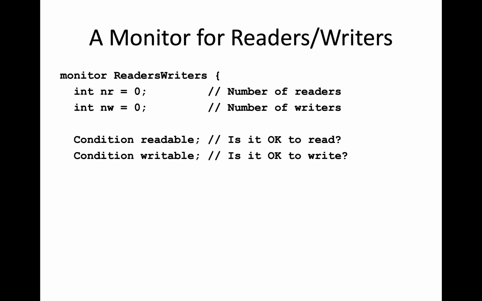So part of its state will be just to keep up with what kinds of locks it has given out so far. NR will be how many read locks are currently given out, and NW is how many write locks are currently given out. And like we just said on the previous slide, at least one of these better be 0. I better not give out a combination of them, and I better not give out more than one write lock at a time.